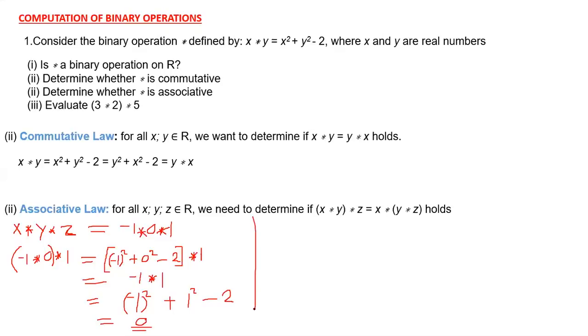You go to the right hand side while you shift the brackets now. So you have -1 star 0 star 1. You shift the brackets. You start with what is in the brackets first. So you have -1 star, then what is in the brackets there? While there's x, I'm going to put 0.